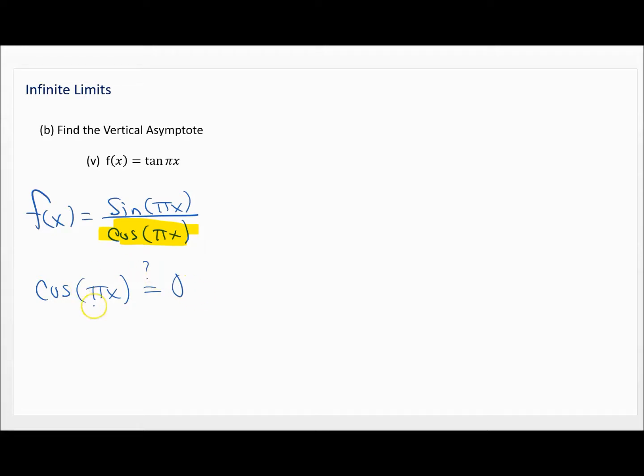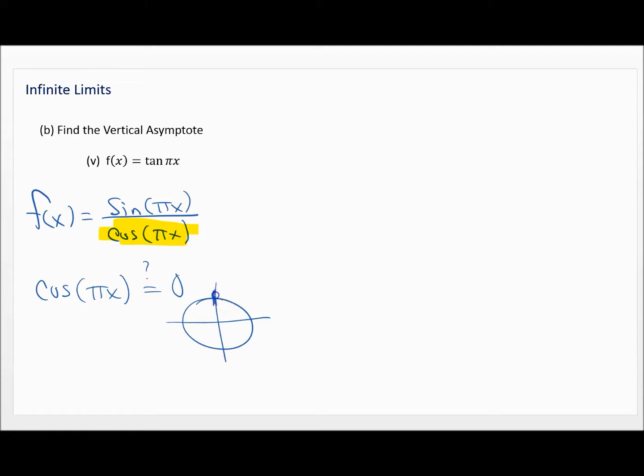Now to answer this is called a multiple angle problem. What you have to think about, this doesn't matter right this minute, is where is cosine equal to 0? Now if you're a unit circle person, and I am, you ask yourself, where is cosine equal to 0? Well, cosine is the x value, right?